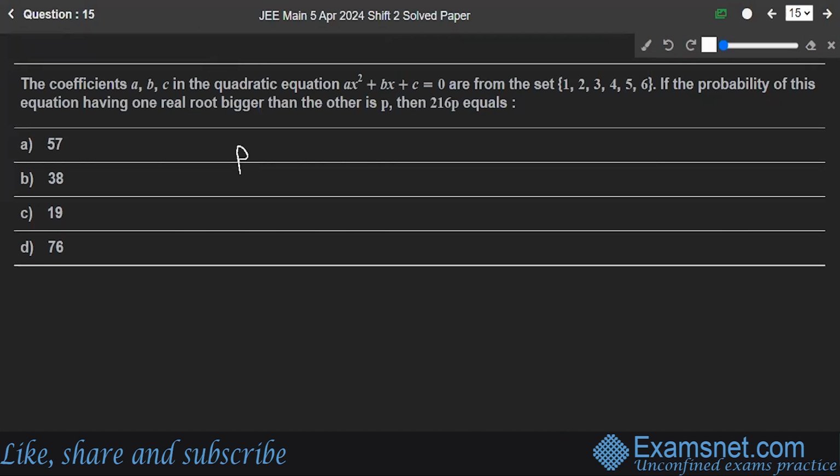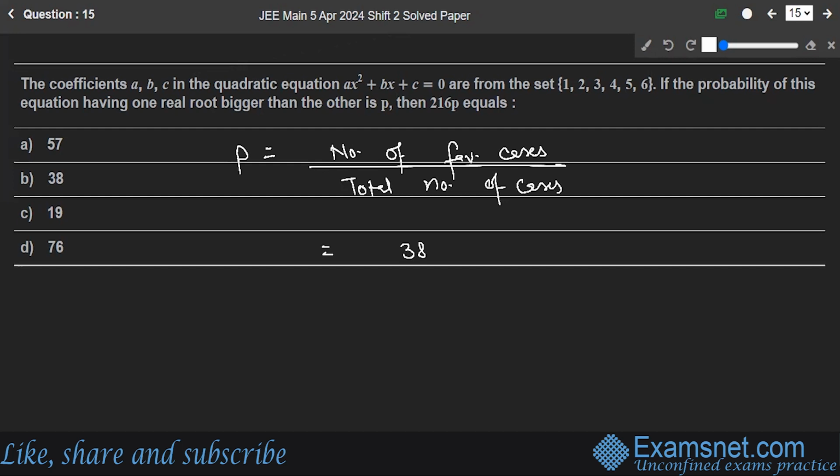We got the probability equal to the number of favorable cases upon the total number of cases. The favorable cases came out to be 38. And what were the total cases? There are 6 possibilities, like 1, 2, 3, 4, 5, 6, and how many variables were there?